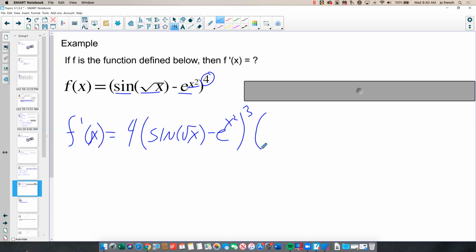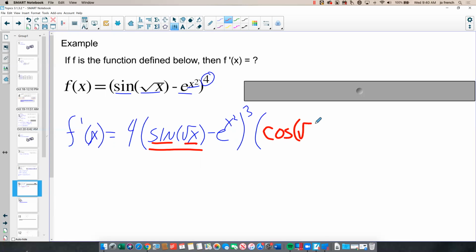So the derivative of the sine of square root of x, that's also a composite function where sine is the outside operation and the square root of x is the inside. So with the chain rule for that, I take the derivative of the outside. The derivative of sine is cosine.